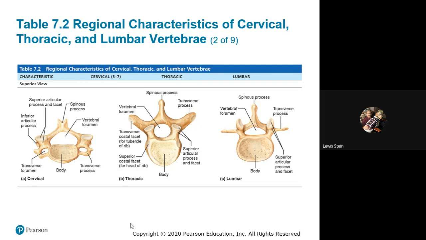You always see these little tiny facets on the body, we call demi or little facets for the ribs, and that's sort of the giveaway. And then lastly, the lumbar, big shelf. As you can see, these are called superior and inferior processes that allow the vertebrae to come together.